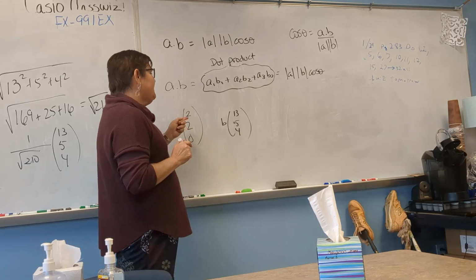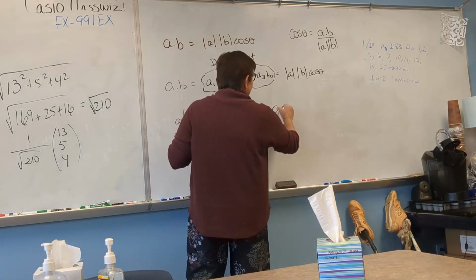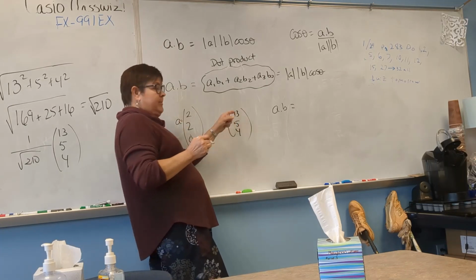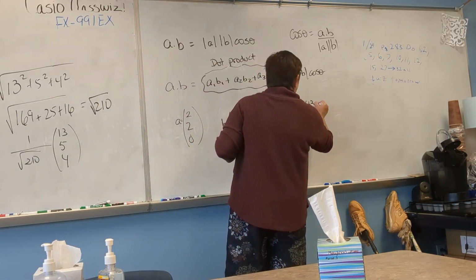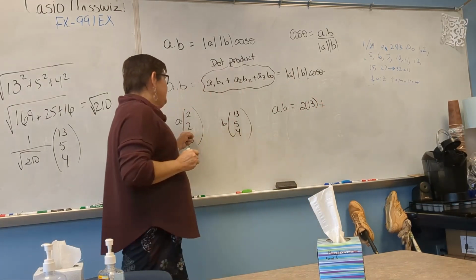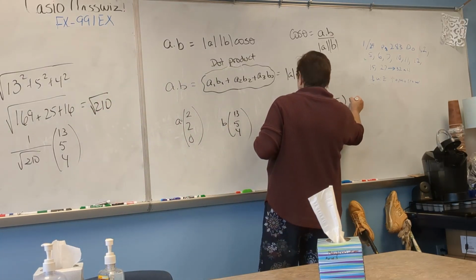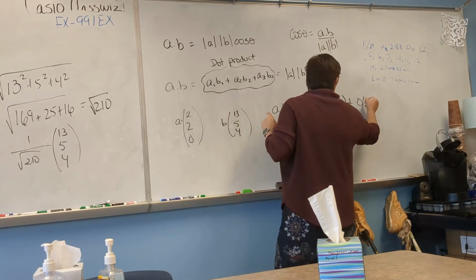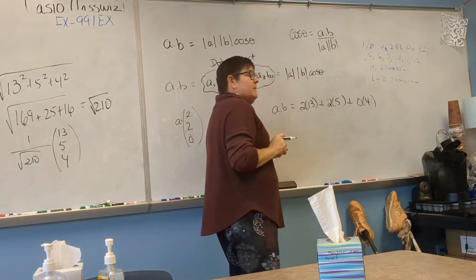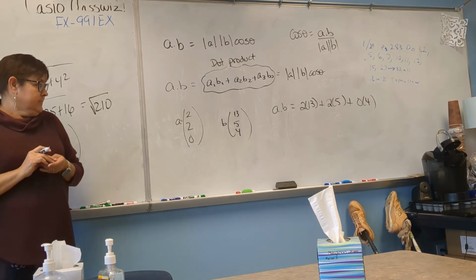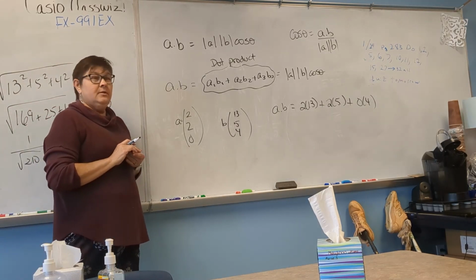So for the dot product here, A dot B would be 2 times 13, top times top, plus 2 times 5, plus 0 times 4. That's what we call the dot product. It's the multiplication of two vectors. So what is A dot B in this particular case?